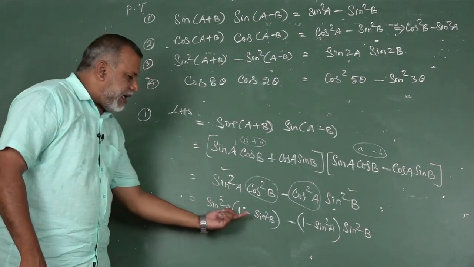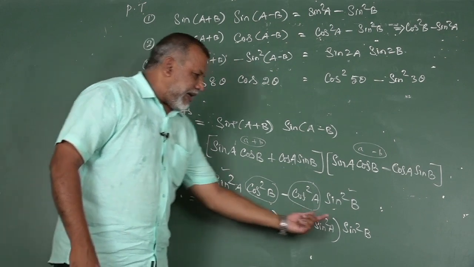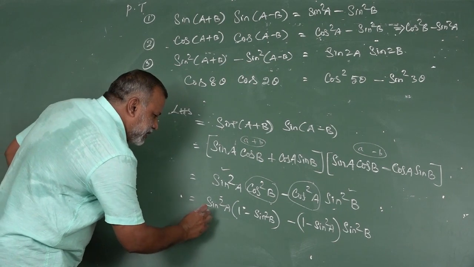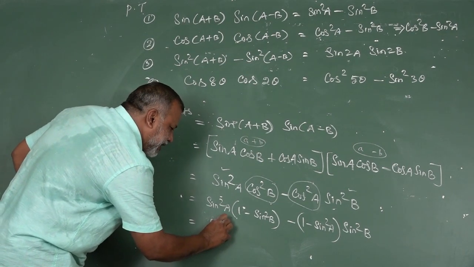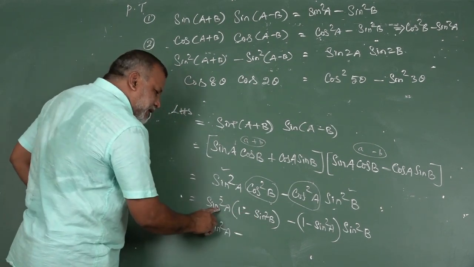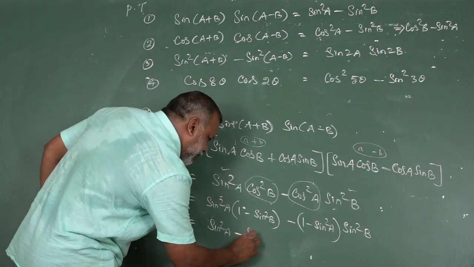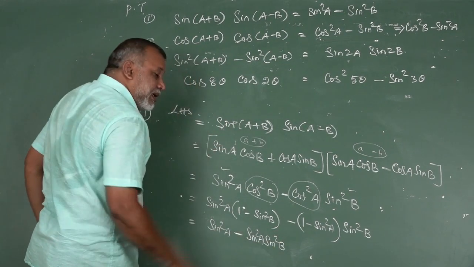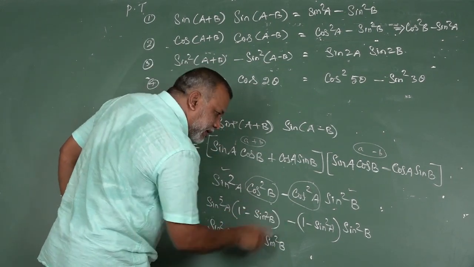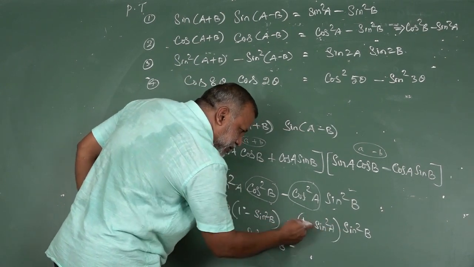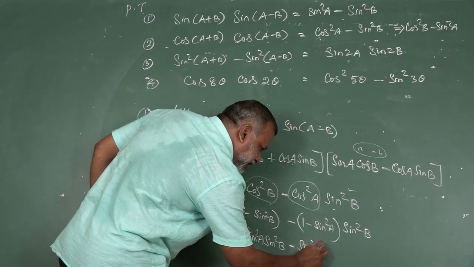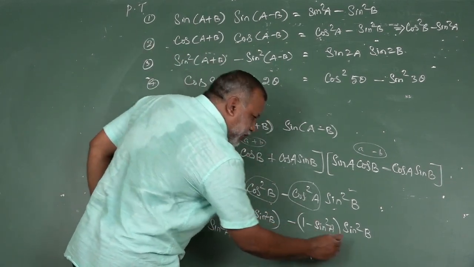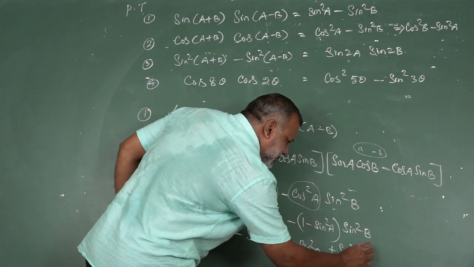Now this sin squared A is multiplied with this one, and this sin squared B is multiplied with this factor. Multiplying sin squared A into 1 gives sin squared A, minus sin squared A sin squared B. See, now the negative will open here, therefore minus sin squared B multiplied with 1 gives negative sin squared B. Negative of negative becomes positive: sin squared A sin squared B.